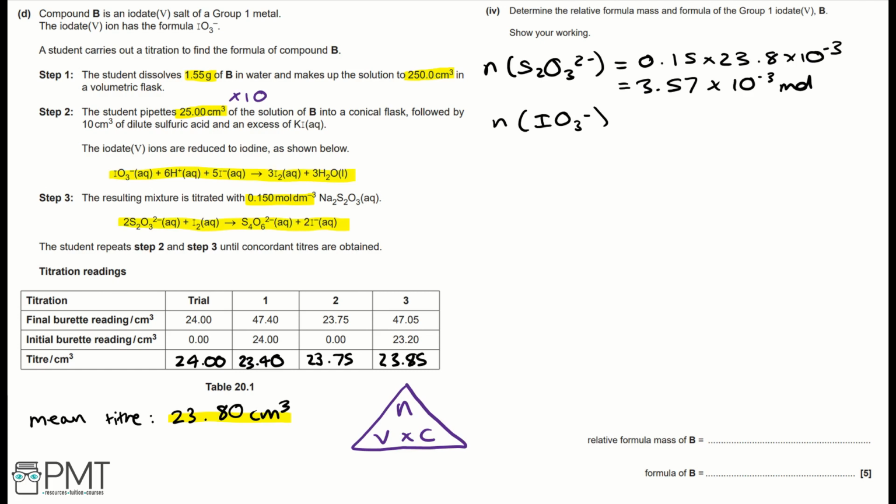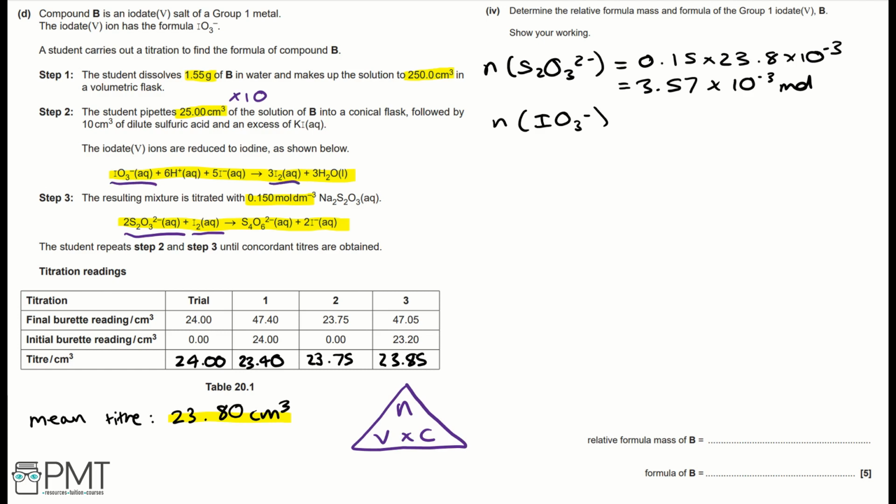So firstly, we need to look at similarities between the 2 equations. Well, we know the moles of S2O3 2-, so we can work out the number of moles of I2. The number of moles of I2 would be half the number of moles of S2O3 2-. And in the first equation, where we're given IO3-, the I2 is 3 times the number of moles of IO3-.